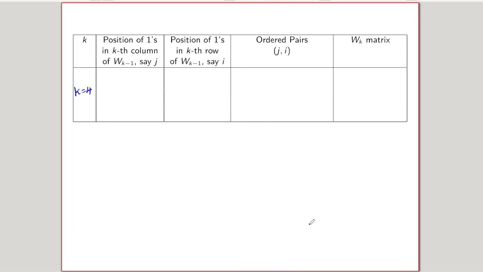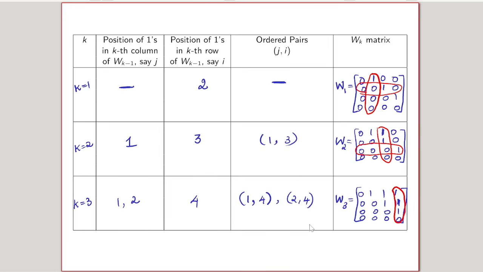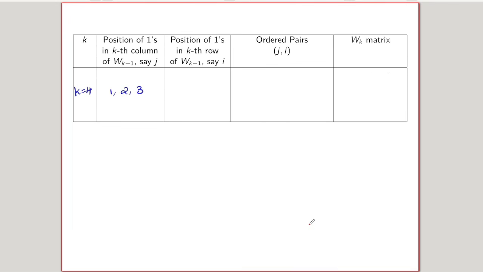So here it will be 1, 2, 3. And then we have to see fourth row. This is our fourth row, and there is no ones in the fourth row. So at row place, no entry is there, and it is not possible to write the ordered pair also.